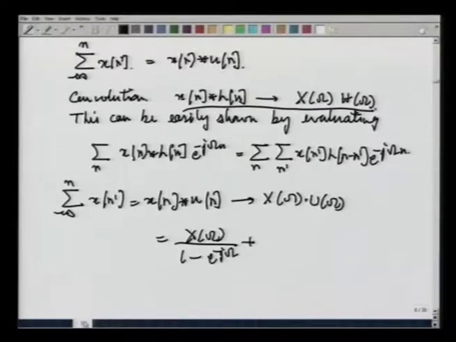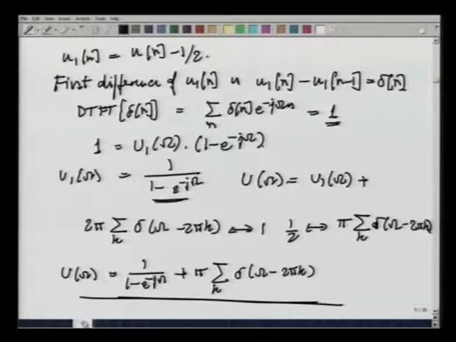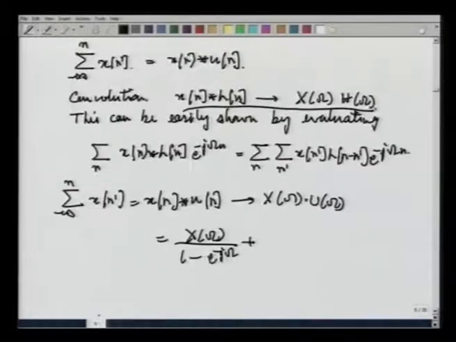If we go back for the second term, it is pi x omega summation over all k of delta omega minus 2 pi k.